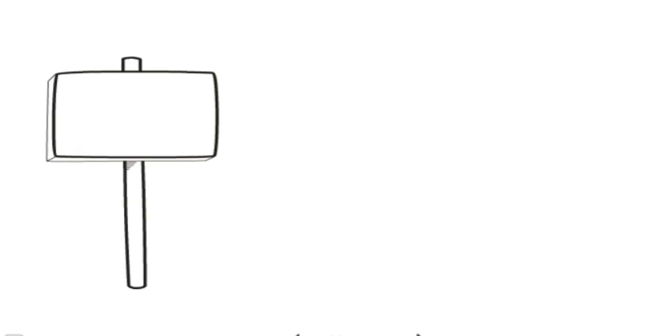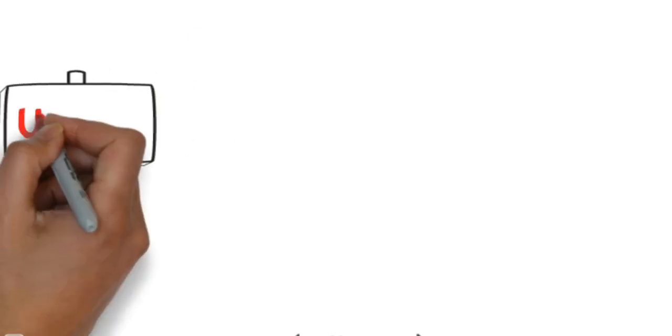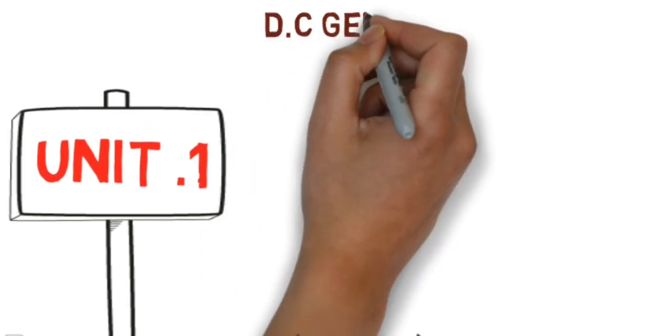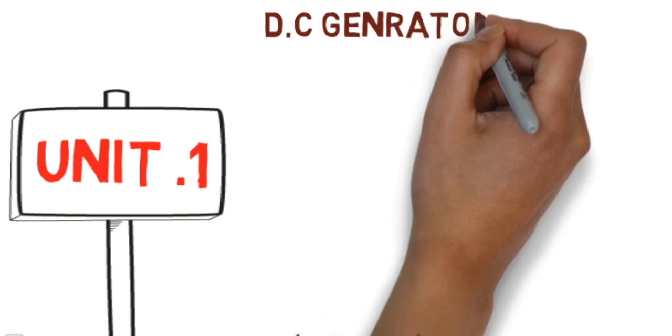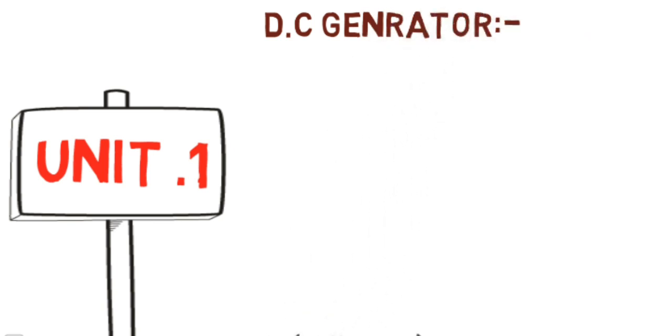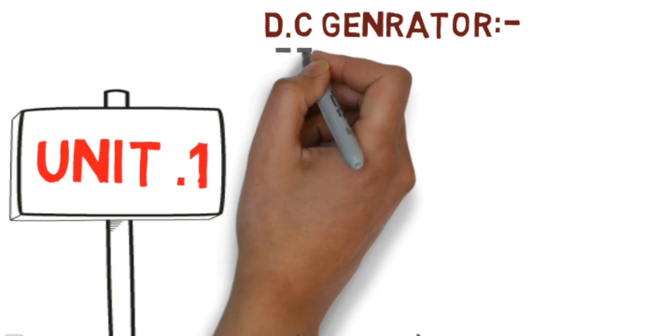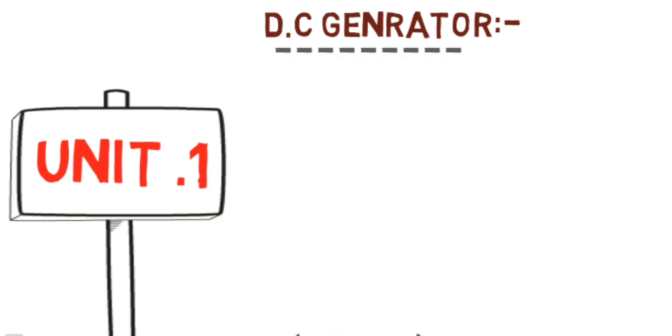Okay. The total points which are covered in unit 1, that is the DC generator and DC motor. The content seen in the DC generator is, first, the construction and working principle of a DC generator.